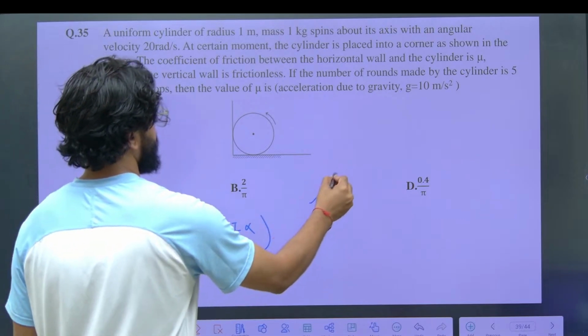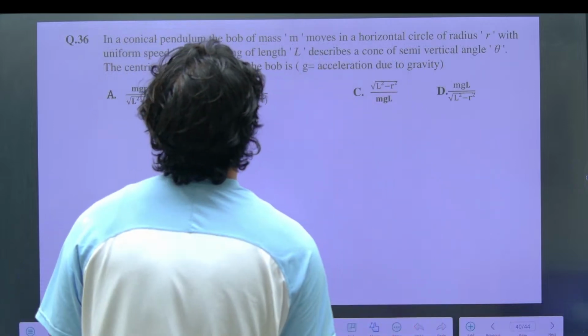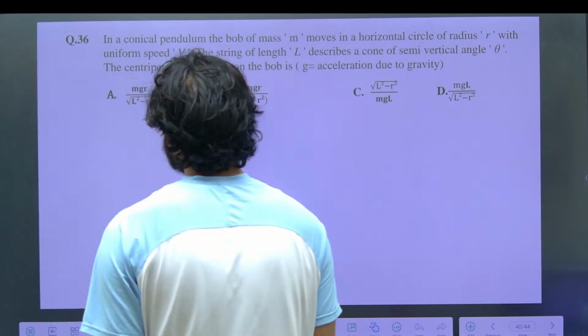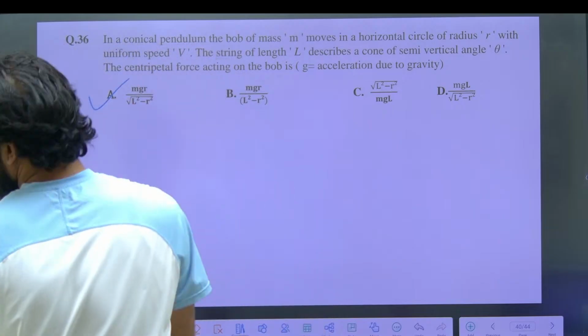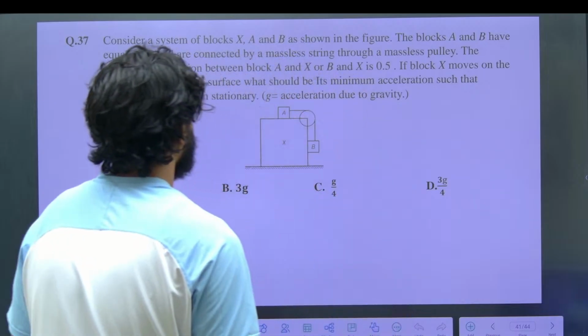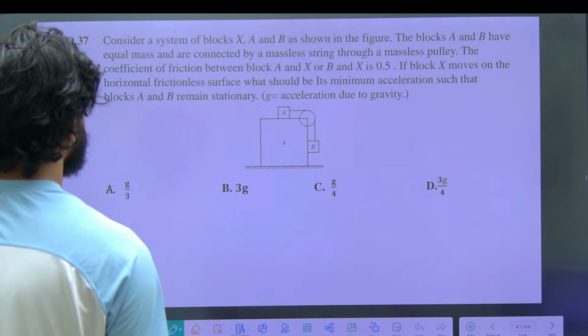Answer for this is C. Correct. One of the very easy questions of the circular pendulum. So answer over here is A. Okay.